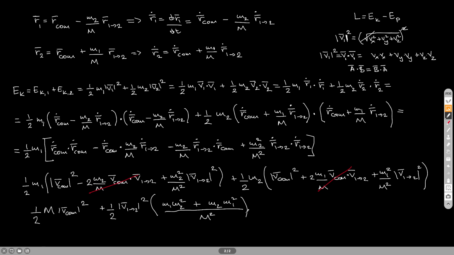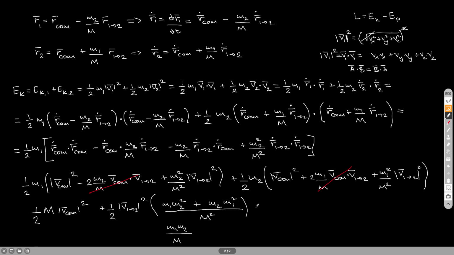Now this is really equal to m1 m2 divided by M, because if I take m1 m2 out as a common factor, I will have m2 plus m1, and that will cancel out with the square.